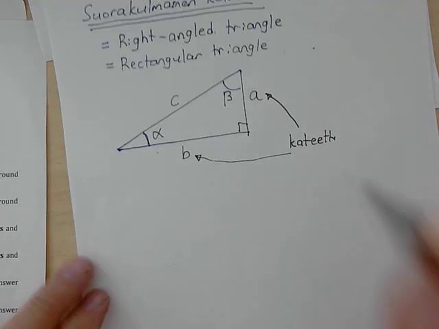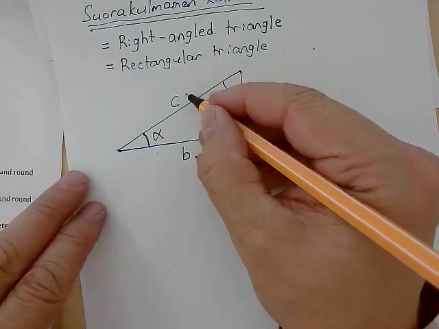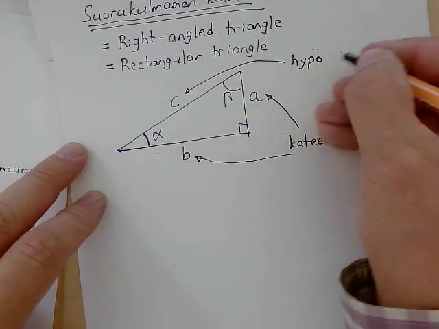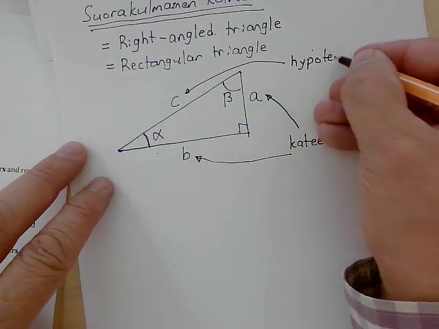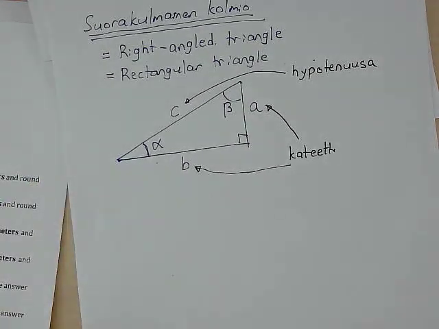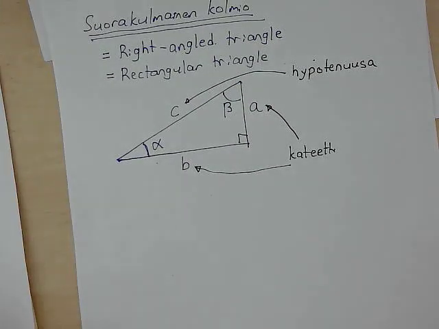Now I understand what you meant. So this C, in Finnish, or this is not actually Finnish, as you know, but it is written like that, hypotenusa, hypotenuse, or something like that in English.